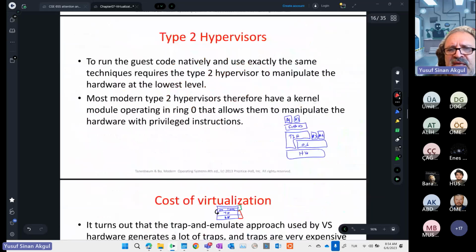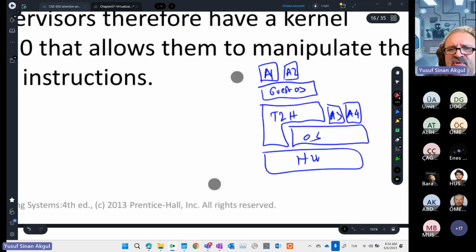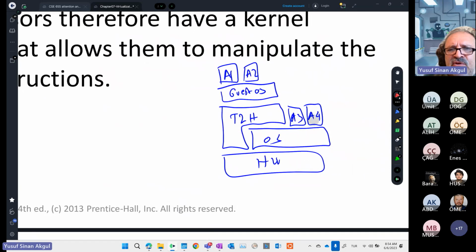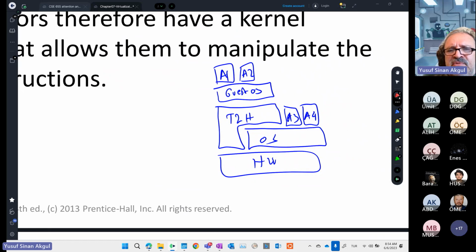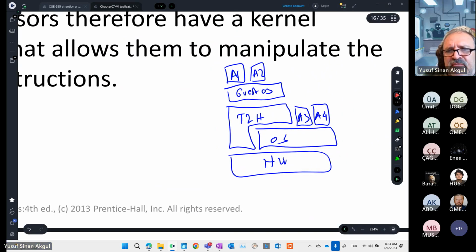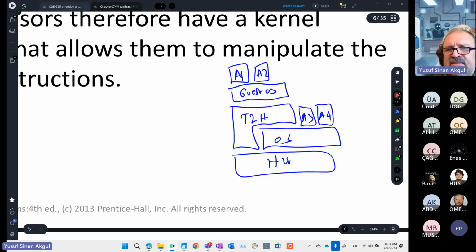Because it is trying to make this kind of a hole. So definitely, Type 2 hypervisor is not a regular process like A3 or A4. A3 and A4 have no privileged access to the hardware, but Type 2 hypervisor has.